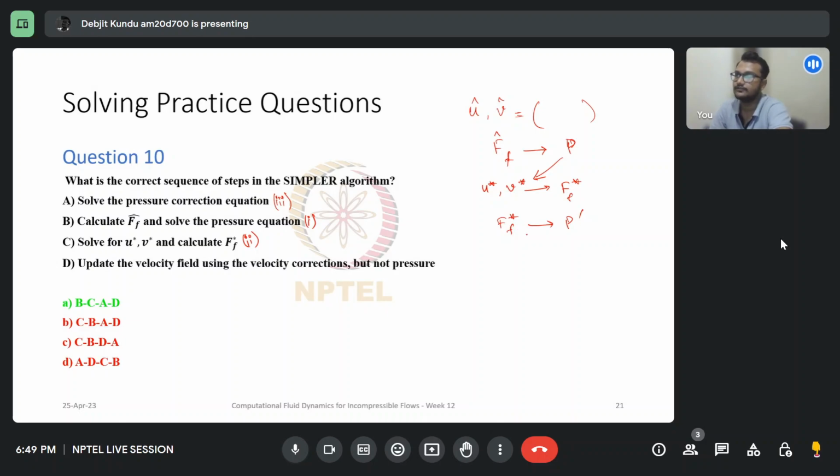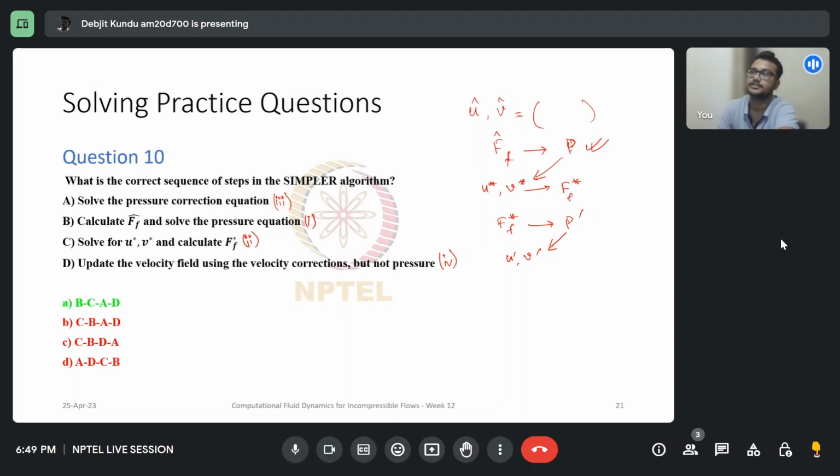And then finally, when I have the pressure correction, I'll use that to update the velocity corrections. So U prime and V prime are calculated using the pressure correction, but not pressure. Pressure is not corrected, but rather pressure is solved for using the hat quantities when it goes back for the loop or iteration once again.